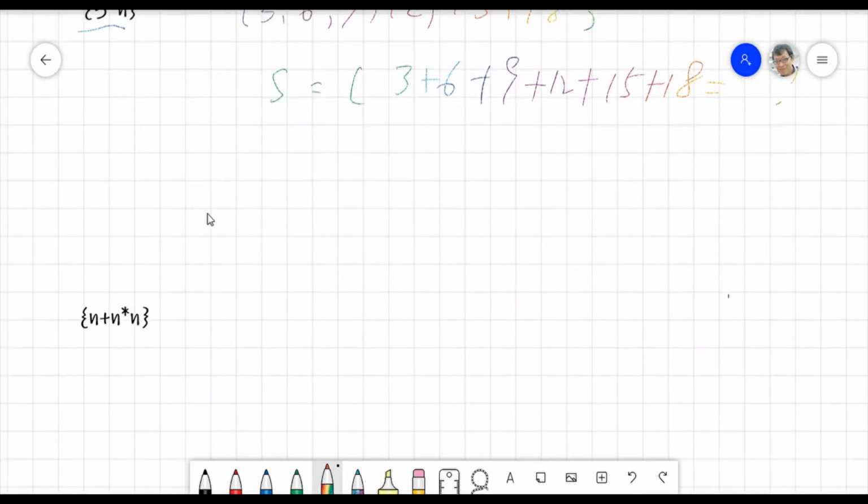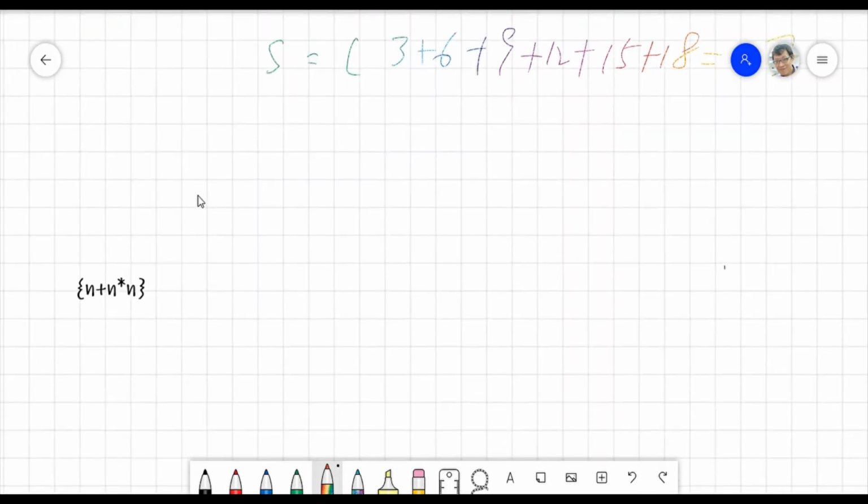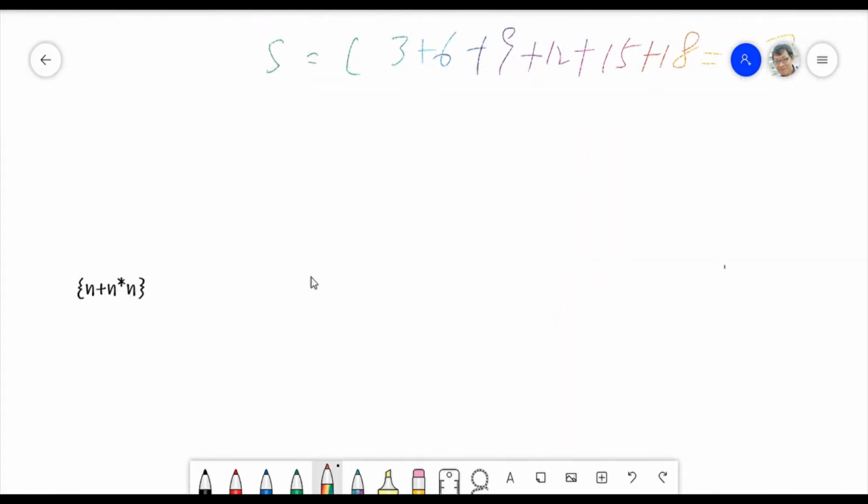Let's see the second example. This is also a sequence, right? Because they follow some pattern. So let's count the first elements, A1 until A6. A1 is 1 plus 1 times 1, which is still 1, right?